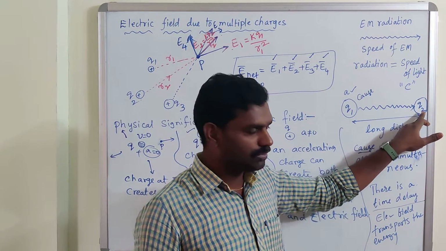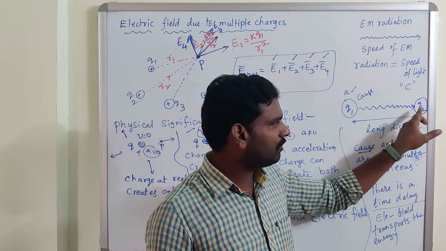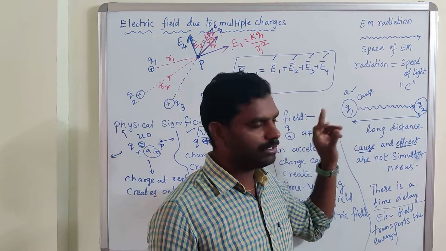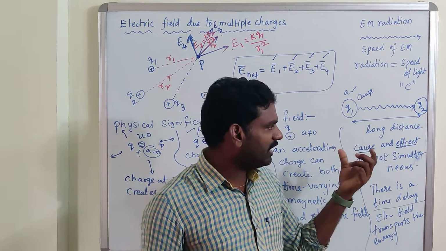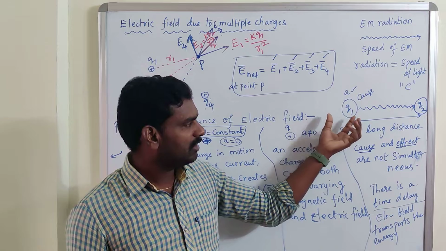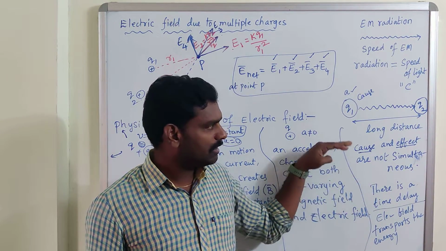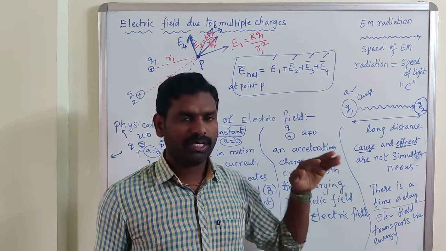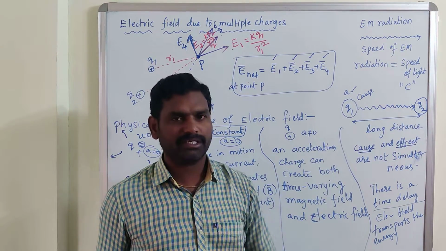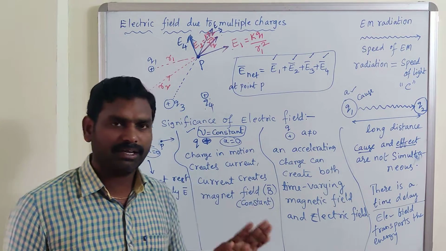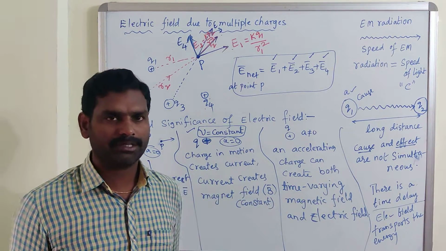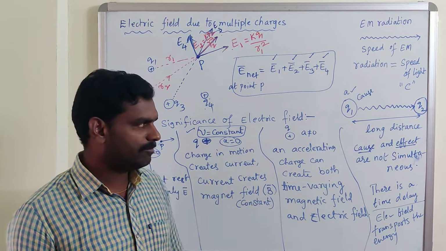When it reaches q2, then only this q2 will experience the force by q1. And there is a time delay between cause and effect. Okay. And also the electric field is moving. While the electromagnetic radiation is moving from one point to another point, it transports the energy from one place to another place. Okay. Right.